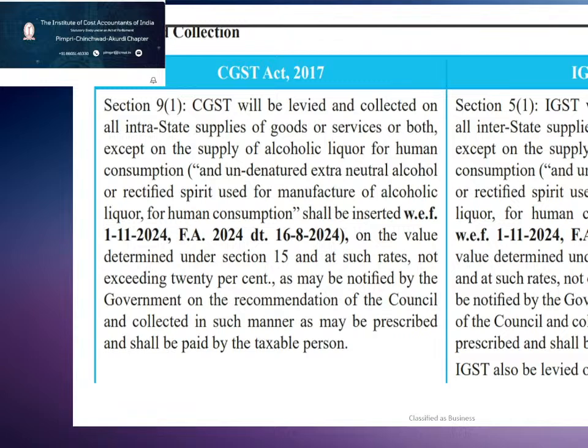He is not engaged in making any supply of goods or services not leviable to tax. He is not engaged in making interstate outward supplies. Next one is through an e-commerce operator: he is not engaged in making any supply of services through e-commerce. He is not a manufacturer of notified goods, and he is neither a casual taxable person nor a non-resident taxable person.